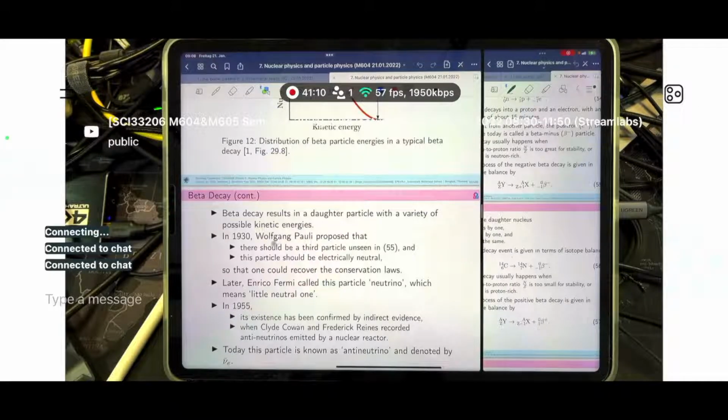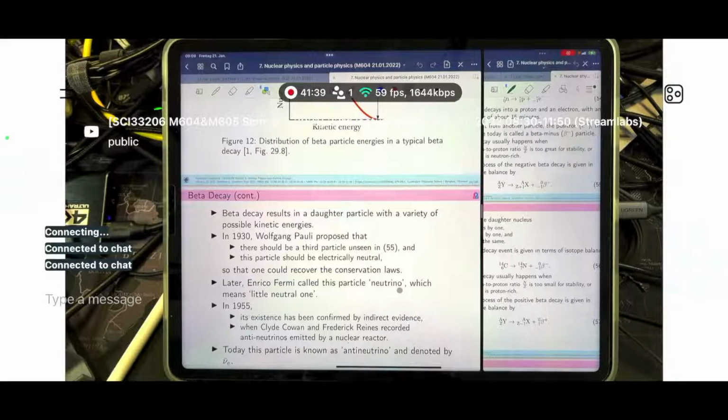After Wolfgang Pauli suggested that there should be an additional particle, Enrico Fermi said these particles should be called, because he lived in Italy and used his language, Italian, every day, he called this missing particle suggested by Pauli the neutrino.